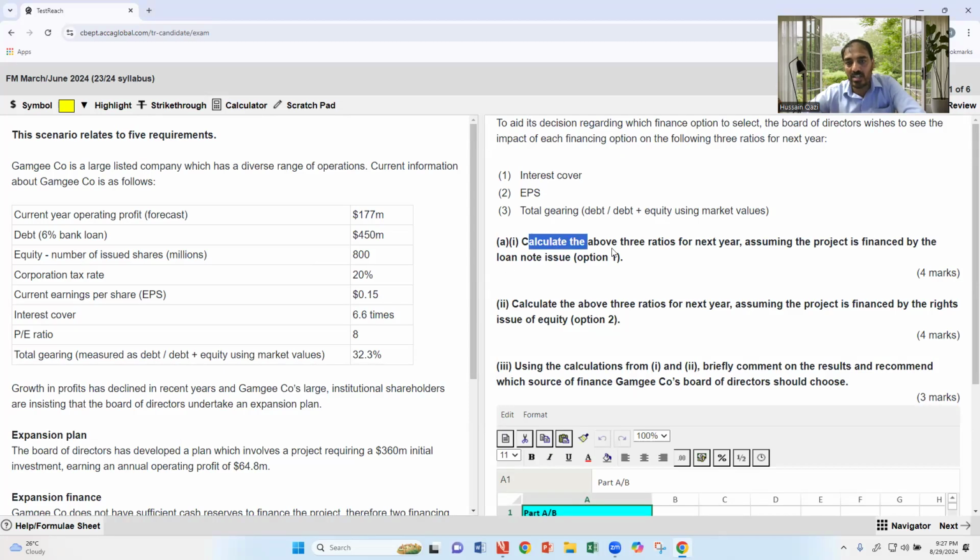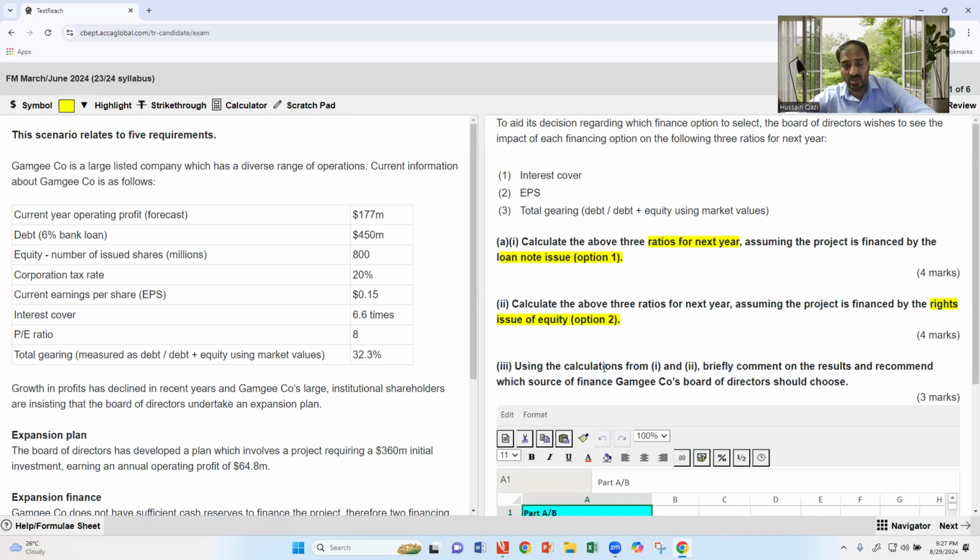Here it is mentioned, calculate the above 3 ratios for the next year, assuming the project is financed by loan notes, option 1. Calculate the above 3 ratios for the next year, once again, assuming the project is financed by a rights issue. Total 8 marks.